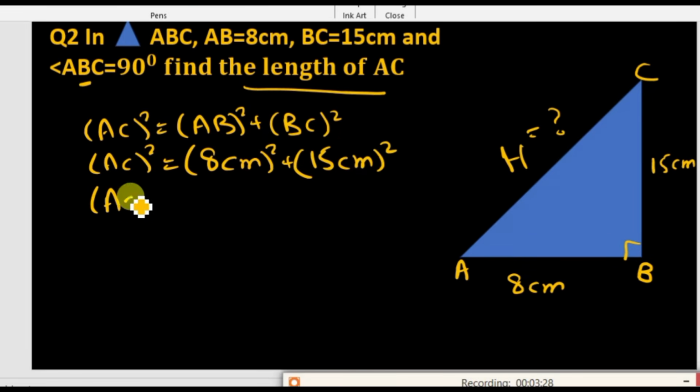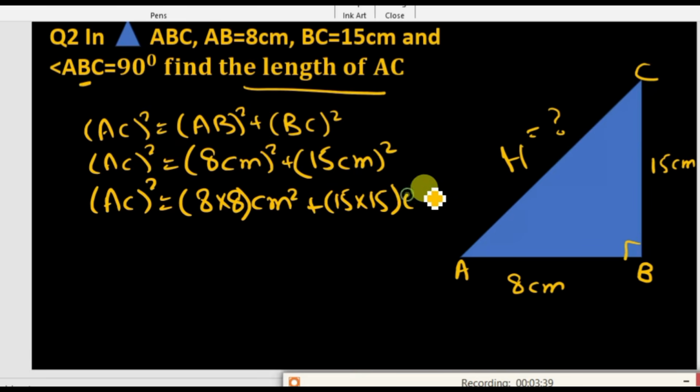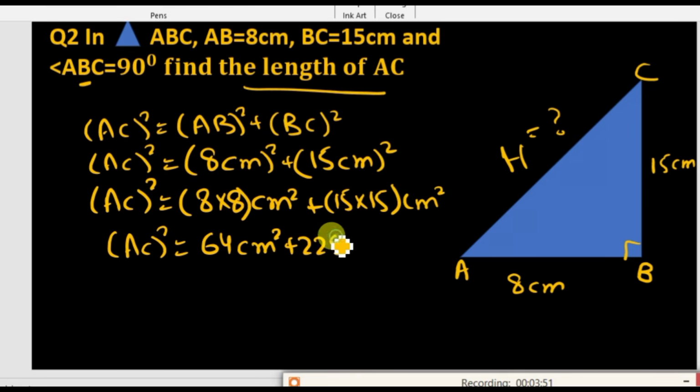Same as the previous one. AC square is equal to 8 multiply 8, 64 centimeter square, and 15 multiply 15, 225 centimeter square.